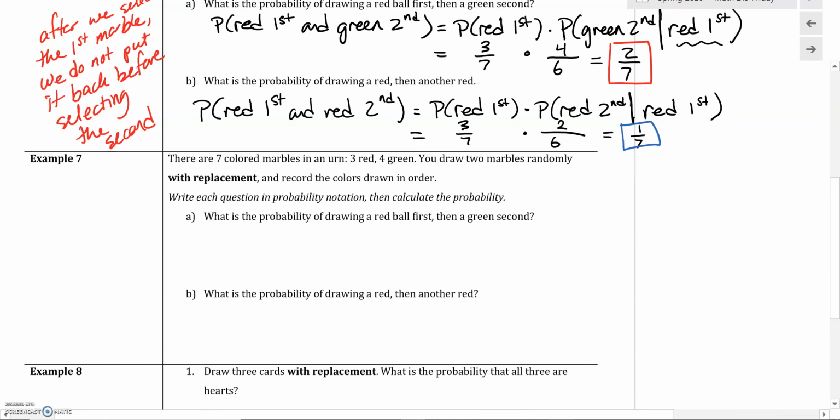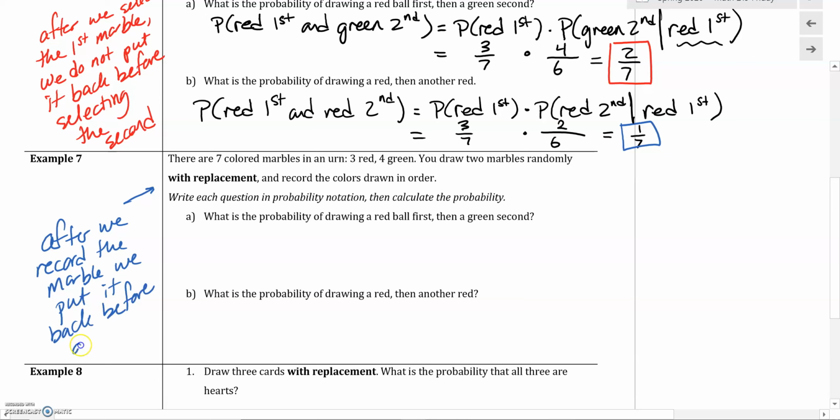So here, it's the same question, but they're going to use with replacement. With replacement means that after we record the marble, we put it back before getting the next.